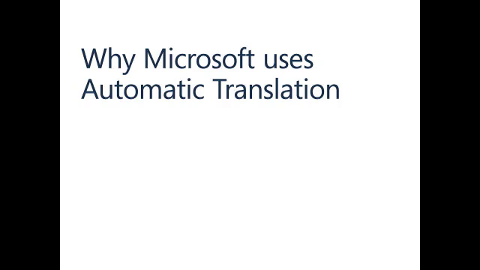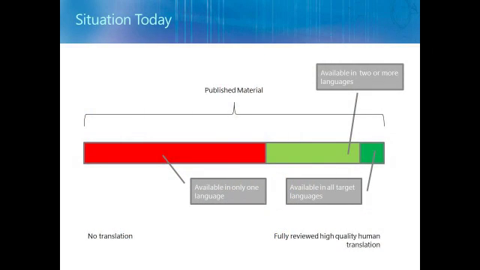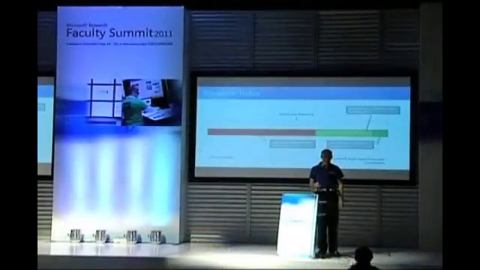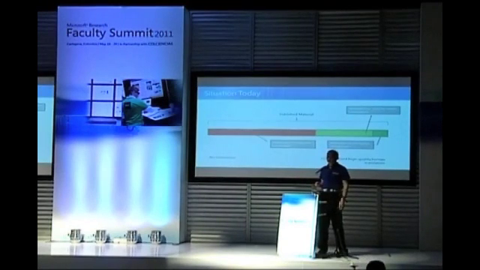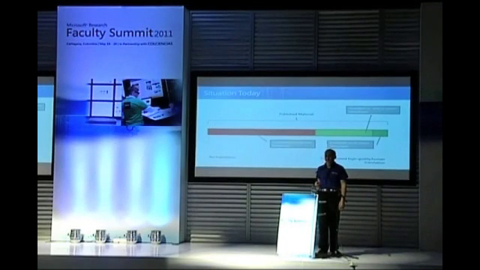So why is Microsoft using automatic translation? I'm talking about why Microsoft is using automatic translation for its own purposes, not necessarily considering here that the service is available for everybody to use. Microsoft creates a lot of material in English and uses human translation to provide its products and help material and other text in other languages, using human translators mostly.